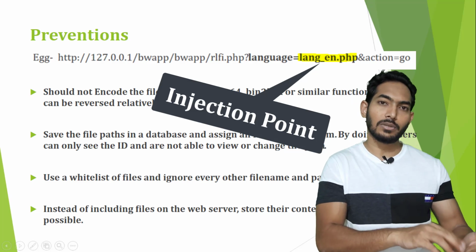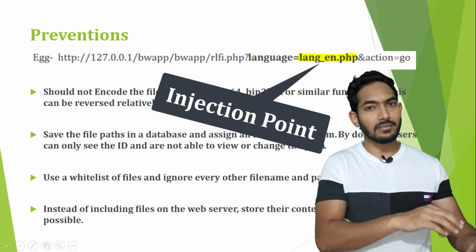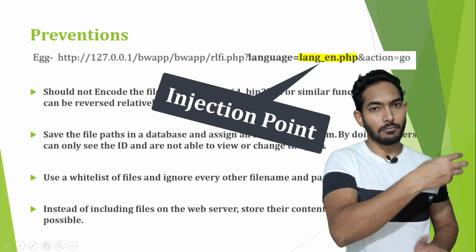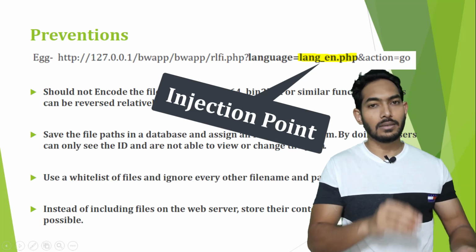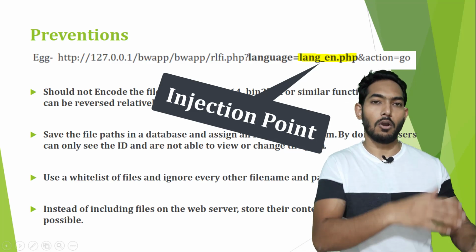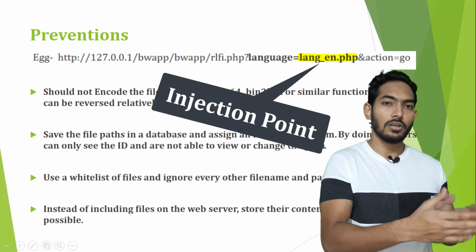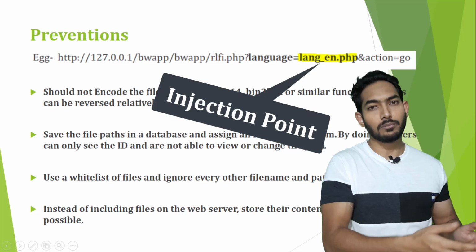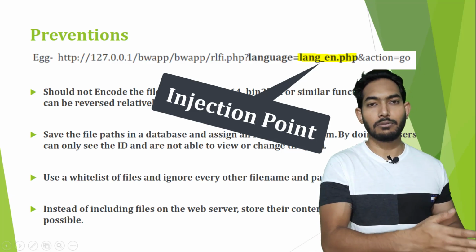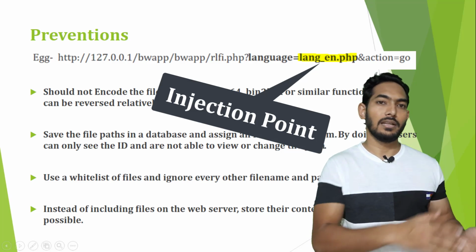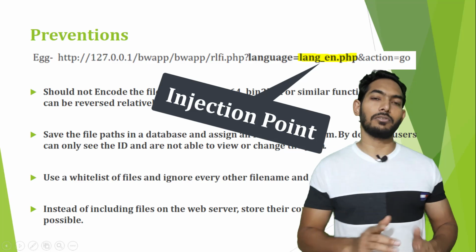So that is nothing but your source, or that is nothing but your injection point, and that's exactly where a user is passing his input. So here, what a web application should make sure of is that it is not taking any user input from the particular source, right? So at this particular thing we can see that the source is the injection point, which is acting as a source, right? So this is the first prevention, guys.